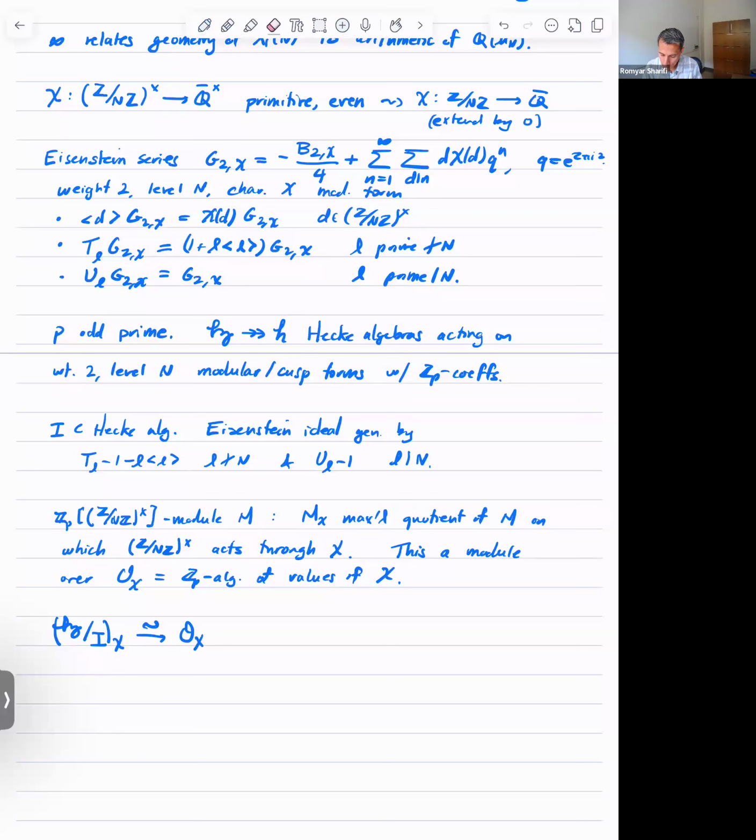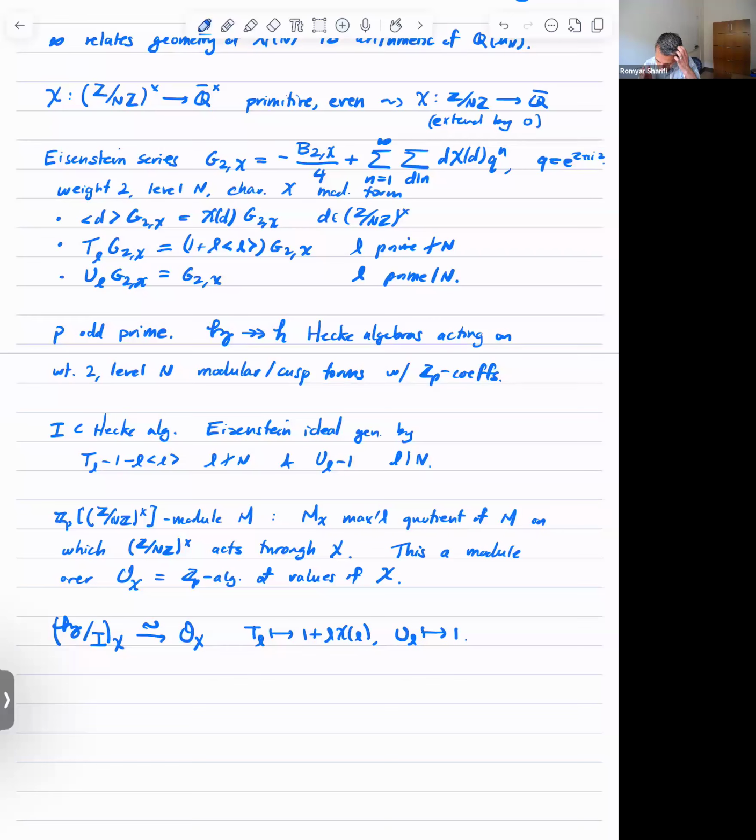Okay, and the map is T_L goes to 1 plus L chi(L), and this is a ring homomorphism, because a homomorphism from a Hecke algebra to a ring, which is a ring homomorphism, is an eigenform, and U_L goes to 1. Okay, so that's the map.